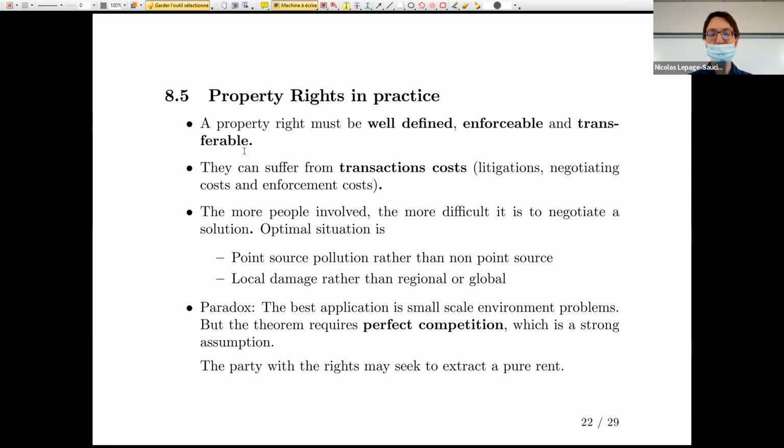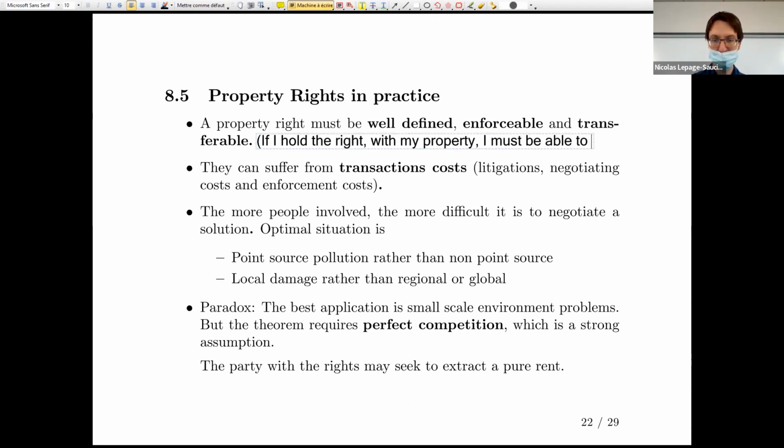And they need to be transferable. So for instance, if I hold the right, and the rights together, otherwise markets don't work well.